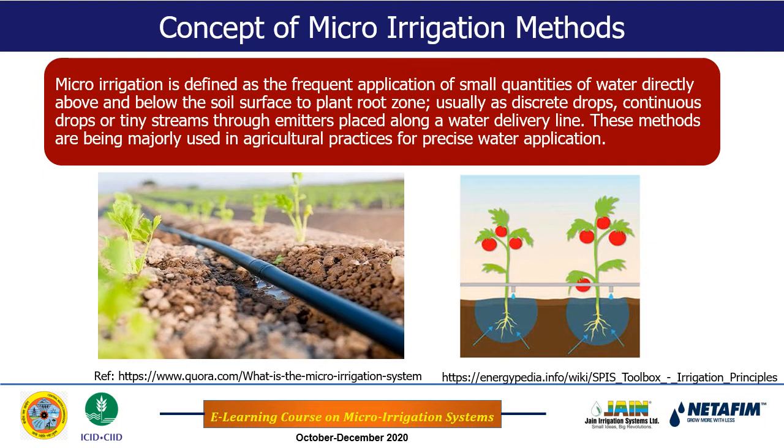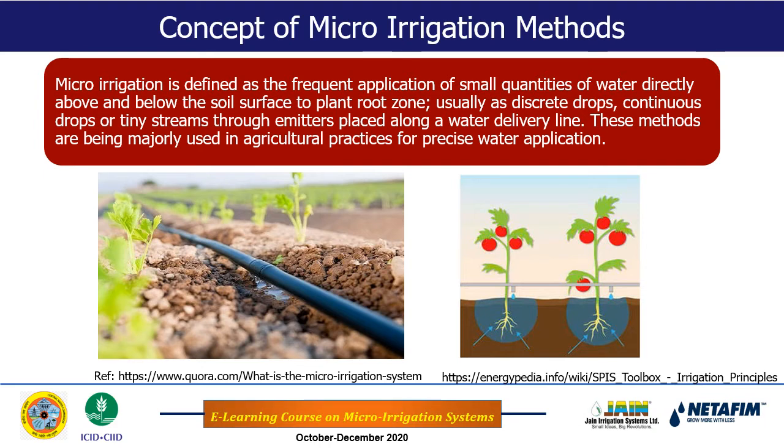So if I decide to apply twice a day or once a day, we can calculate that amount of water, and we can exactly apply that amount of water to the root zone.